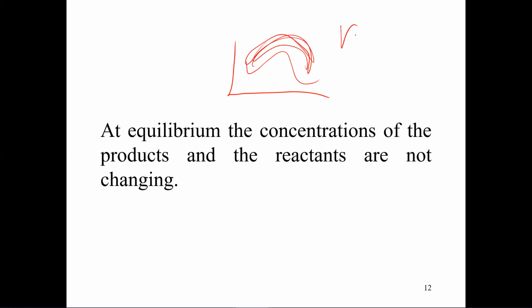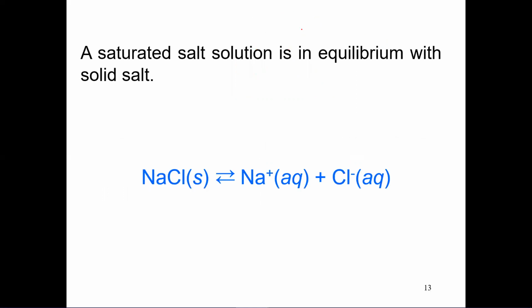Essentially the rate forward equals the rate reverse. And so you always have stuff at the A point, stuff at the B point, and stuff at the C point, and it never changes because it's constantly going back and forth across that hump.